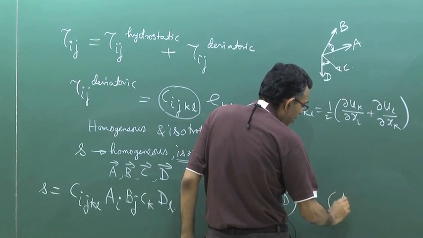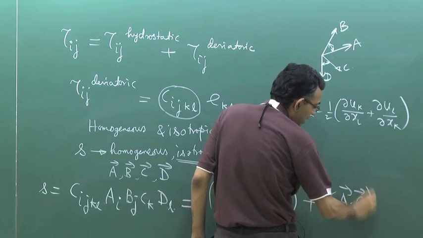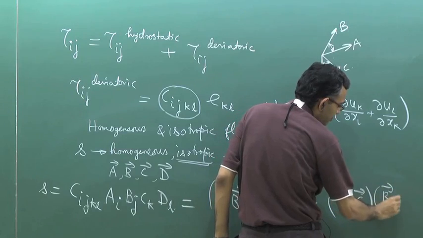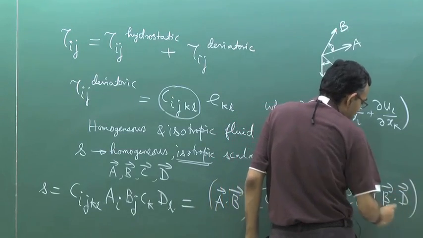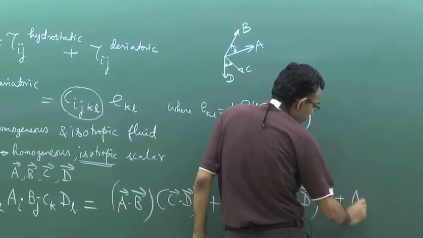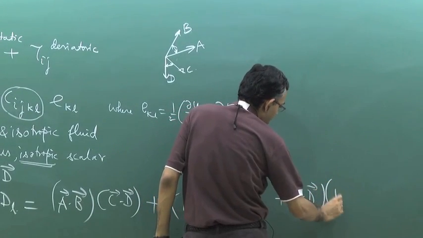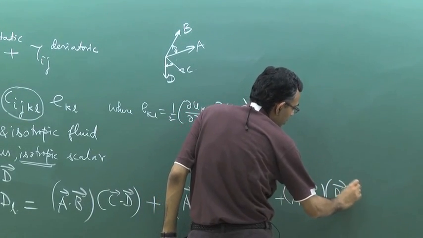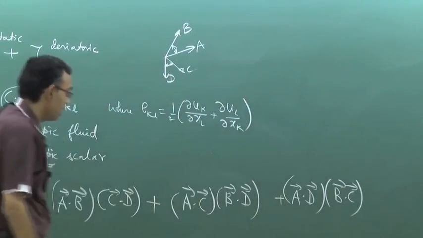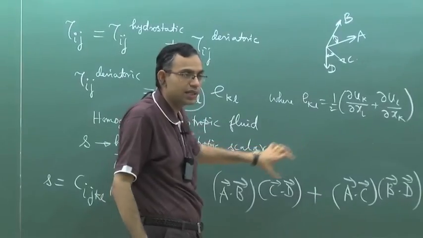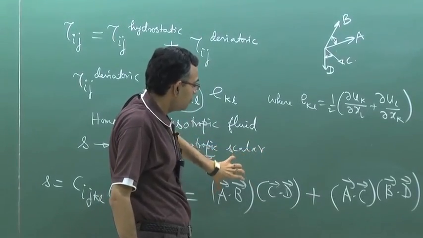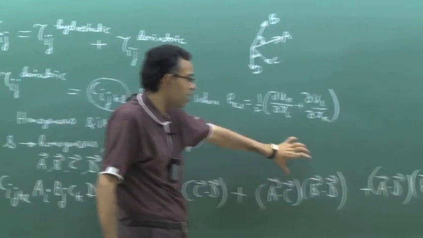You can pair A with C and then B will pair with D. You can pair A with D and then you can pair B with C. I have not written the full expression, I have just written the terms which will govern the behavior.